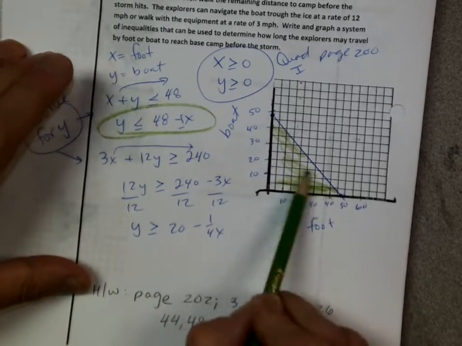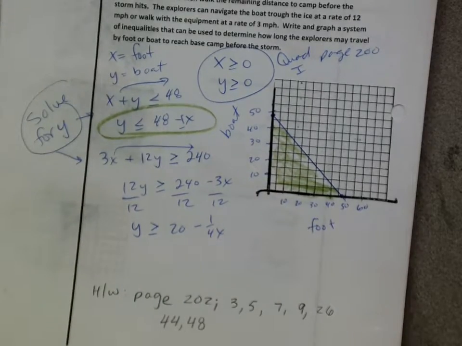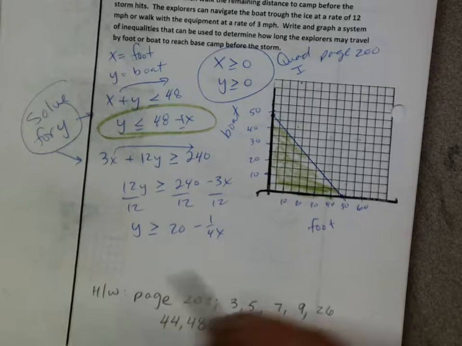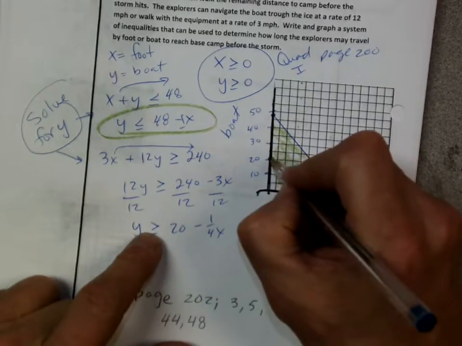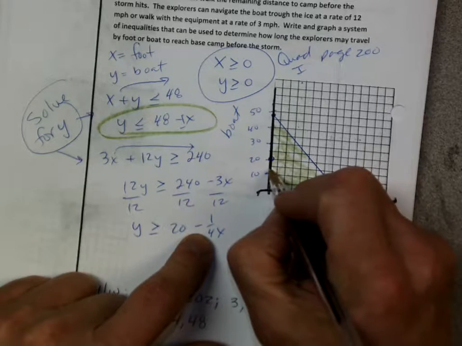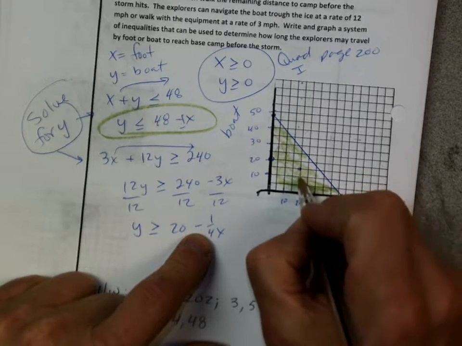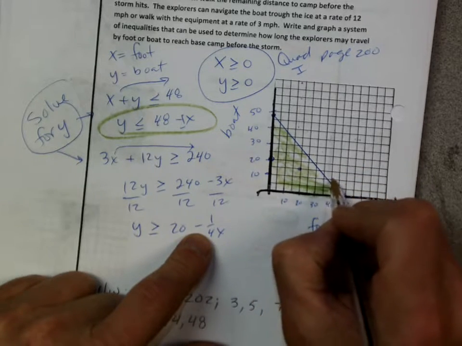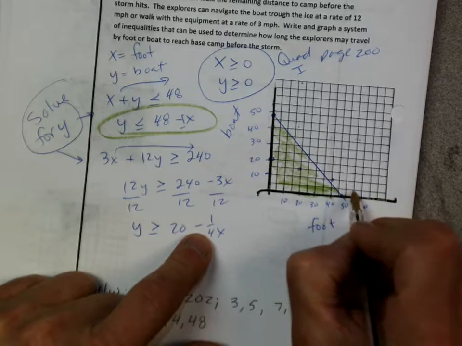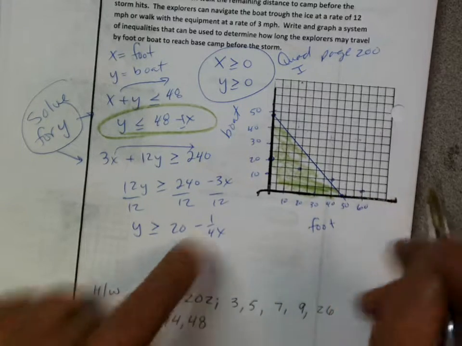The other equation will start at 20, and I'll go down 1 over 4, down 1 over 4, down 1 over 4. Okay, and I'll graph that one in.